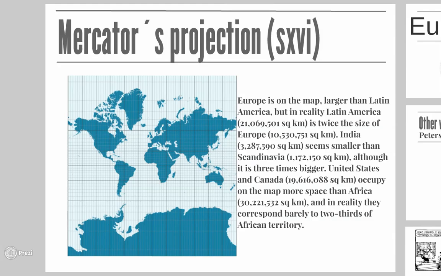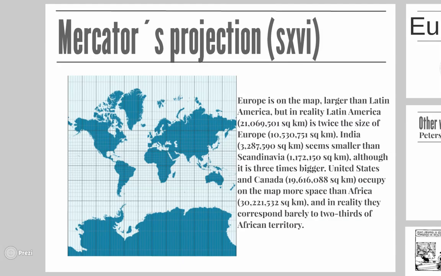So the world map we currently are used to, and the world map that is especially used in education, corresponds to a projection that was made by a Flemish geographer by the name of Mercator in the 16th century.